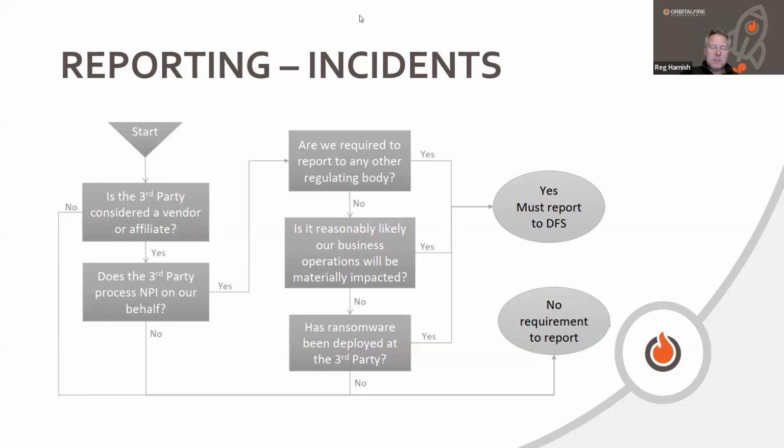And then, of course, there's this special carve out for ransomware, because for whatever reason, DFS has been hyper-focused on ransomware, and a lot of the expansion and enhancements of this language has been focused on starting to address this ransomware issue. But you can see, in most cases, you're going to have to report it to the DFS, even if it's a third party that has experienced an event.